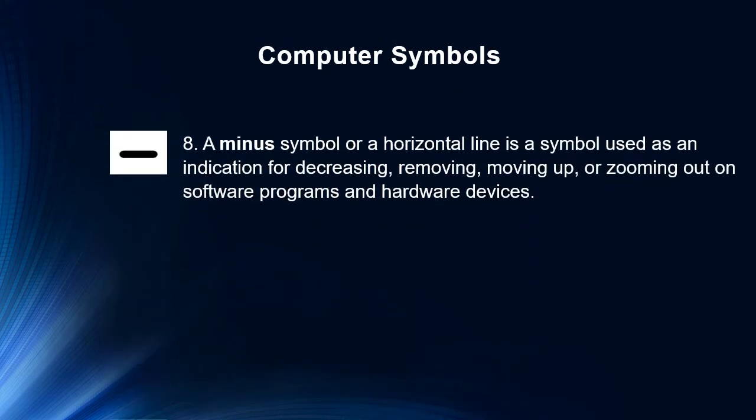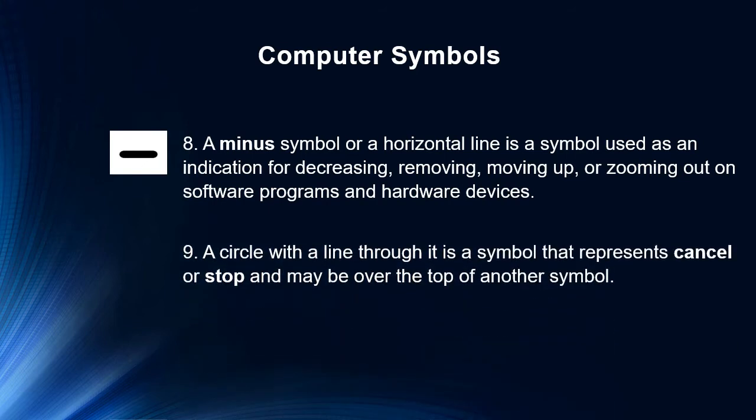Number 8, a minus symbol or horizontal line is used as an indication for decreasing, removing, moving up, or zooming out on software programs and hardware devices. For number 9, we have a circle with a line through it. It represents cancel or stop and may be over the top of another symbol.